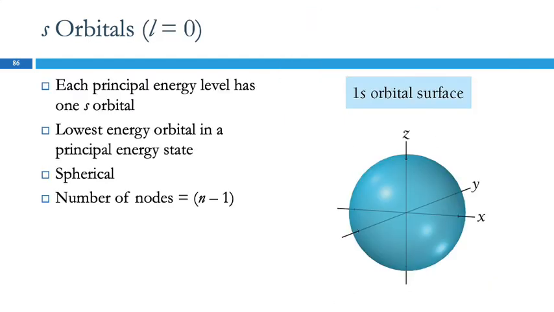Any other questions? Yeah. Are these orbitals depicting every electron in an atom, or is it one? So each of these orbitals can have 2 electrons in it. So in this 1s orbital, there could be no electrons, or 1 electron, or 2 electrons.